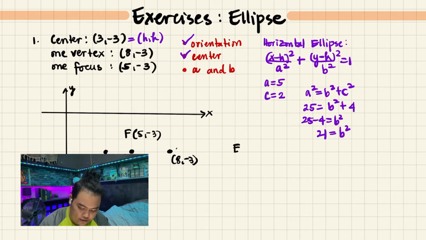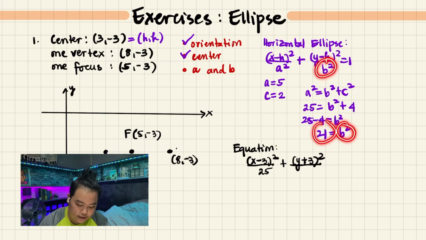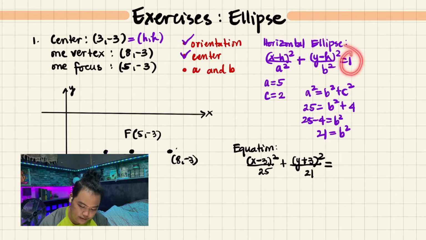So, yung equation ng ating ellipse ay x minus our h is 3 over A square. A square is 25 plus y minus, our k is negative 3, so minus negative 3 is positive 3 square all over b square, or b square is 21, equal to 1.